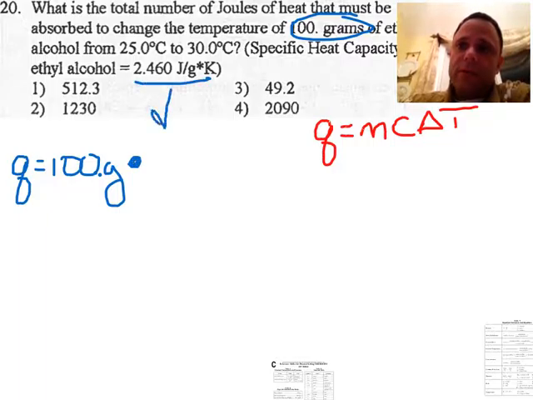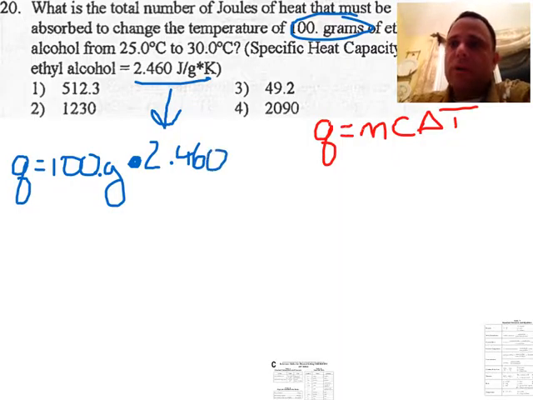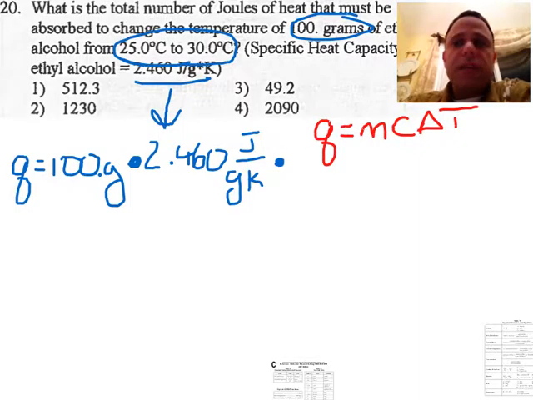There it is, 2.60 joules per gram Kelvin. Now, what is that temperature change? Well, it's a 5-degree temperature change on the Celsius scale, which also matches a 5-degree change on the Kelvin scale. So we put a 5 K there.